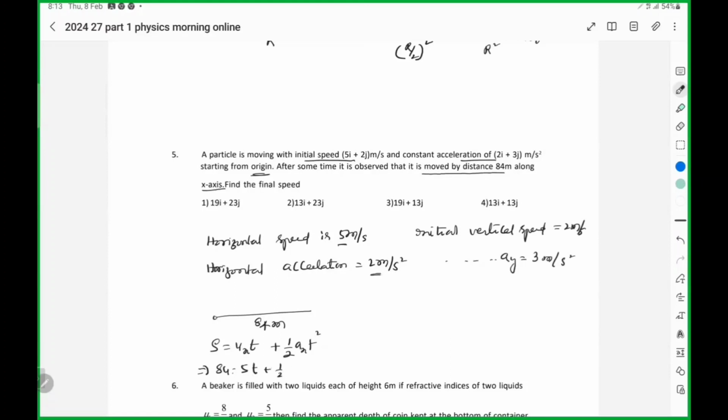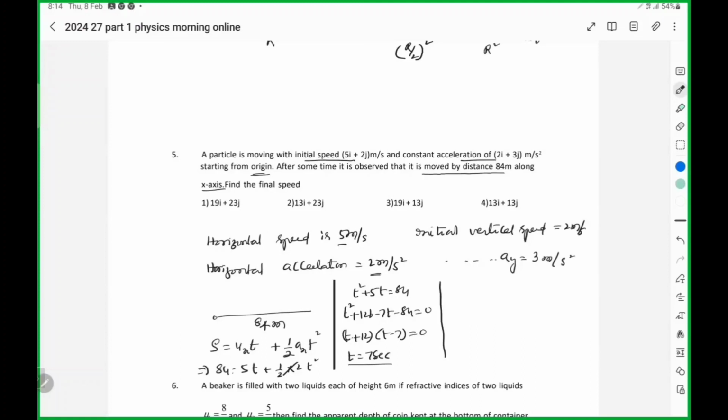Horizontal acceleration 2, so t square plus 5t is equal to 84. 12 sevens are 84. Here you get t minus 7 equal to 0. Time can't be negative. So in 7 seconds, it travels a distance of 84 meters.